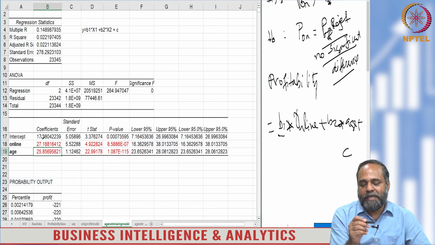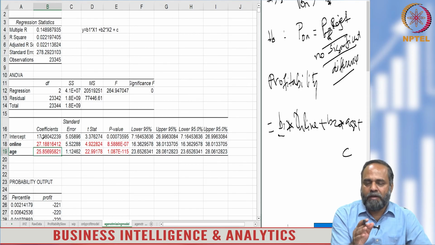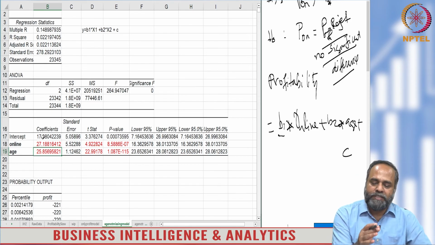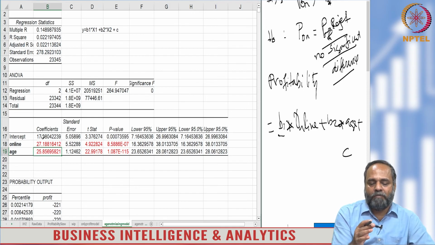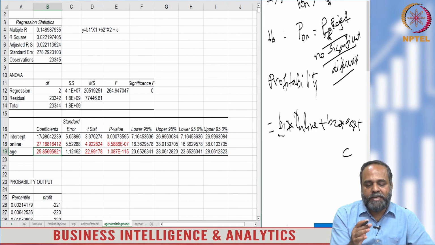There are many other aspects in interpreting this model, but for our specific application, we are doing a basic level analysis. We haven't even looked at the assumptions of regression here. This is a relatively large data set, not a very small sample. So we just analyze this data and, with the assumptions of regression, we interpret the results.